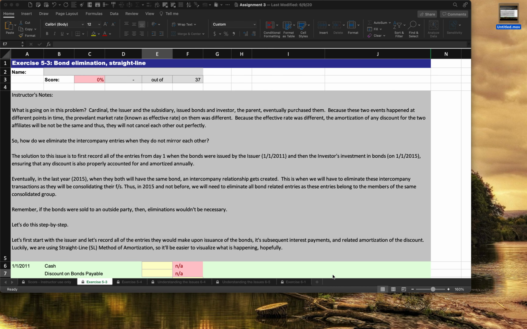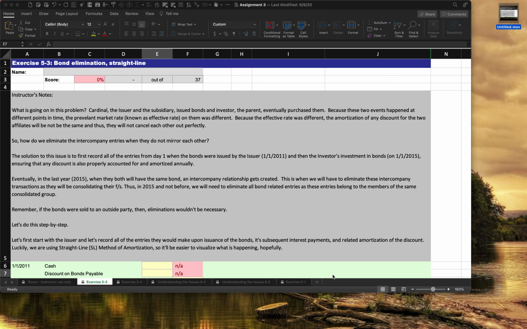So we are going to be doing that in this problem. We're going to be eliminating intercompany transactions. And I kind of allude to it in the notes here as well. Why are we eliminating intercompany transactions? You can read through this, but that was the gist of it that I just mentioned.